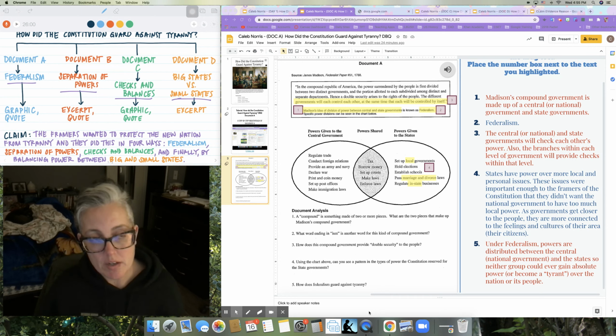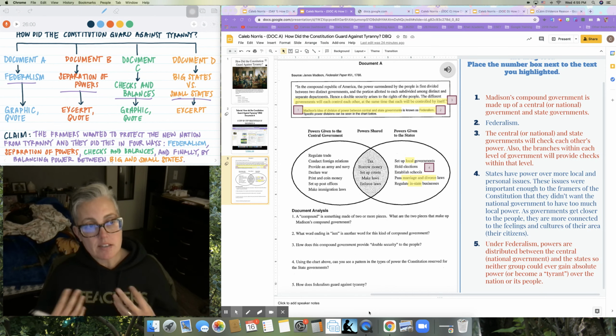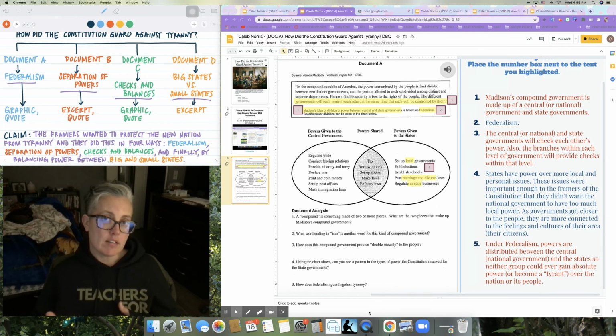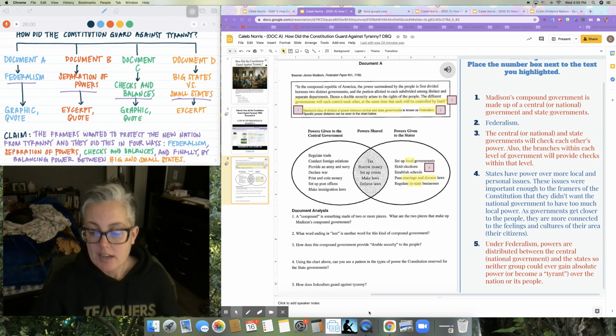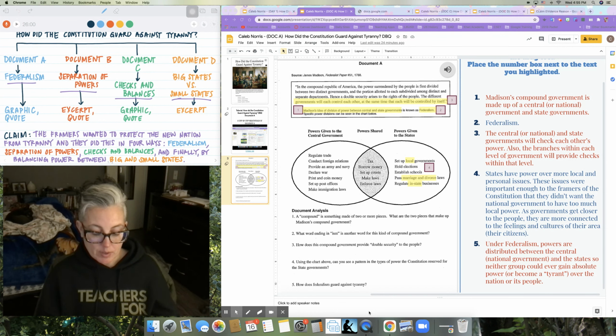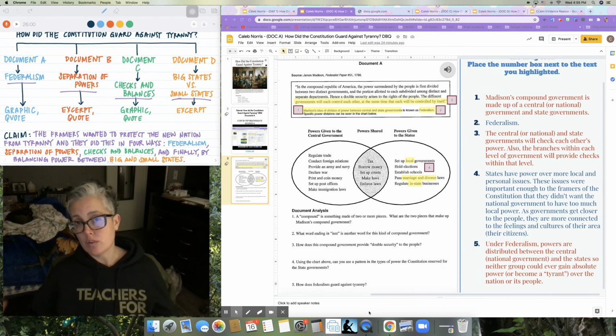I'm going to model this for you. What I write, I'd like you to write as well. I understand that I'm not an ELA teacher, and how your ELA teacher expects you to complete something is up to that teacher. So what I'm showing you may not go along with what you've learned in ELA.